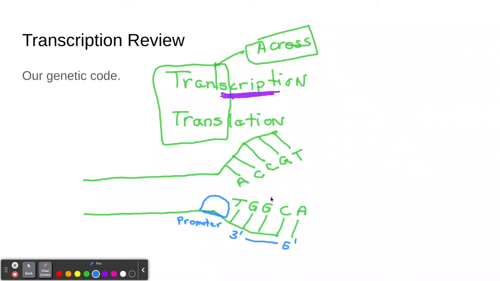In the last video, we talked about creating mRNA. So it's going to take this code. It's going to go from T to A, G to C, C to G, C to G, and A is not going to go to T because RNA is going to make uracil, the U. So it's almost an exact copy, except there's no T. It's just U. And like I said in the previous videos, thymine cannot leave the nucleus.